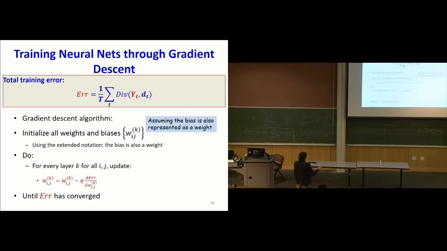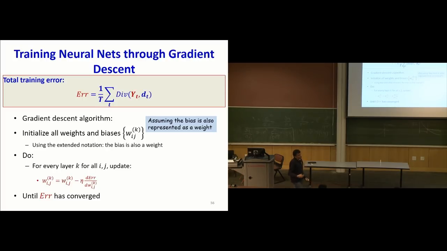But then once you do that, I can go through every layer, and for every pair of input and output neurons between the layers, I'm going to have a weight wij_k, and each weight is going to be adjusted in this manner, where I take a step against the derivative of this error for that input with respect to that weight.